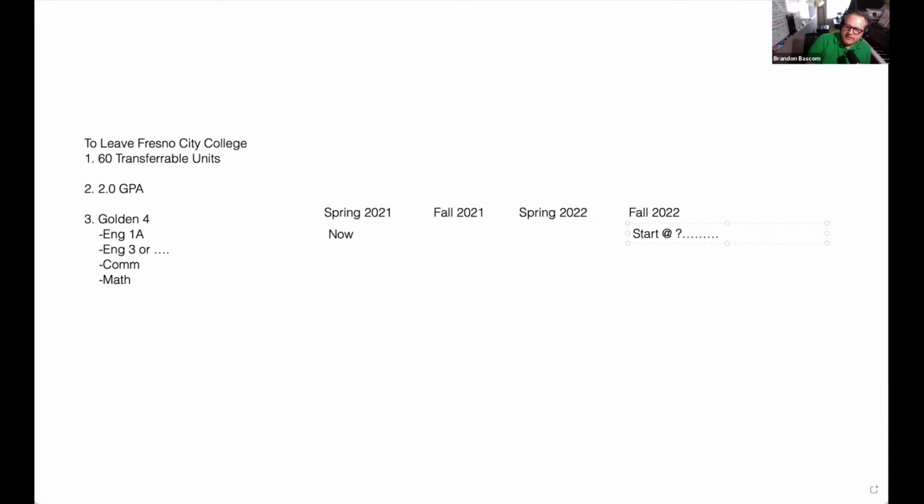Some schools that you might consider looking at would include CSULA, Cal Poly Pomona, San Diego State, CSU Long Beach, Chico State, CSU Northridge, CSU Stanislaus, CSU Monterey Bay.